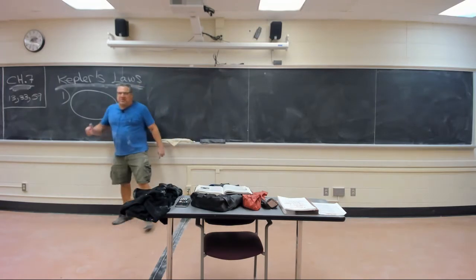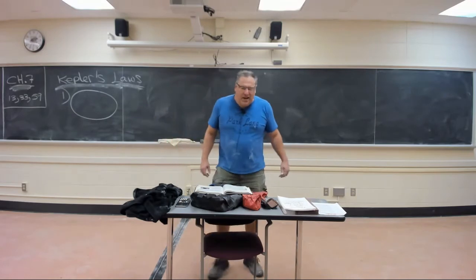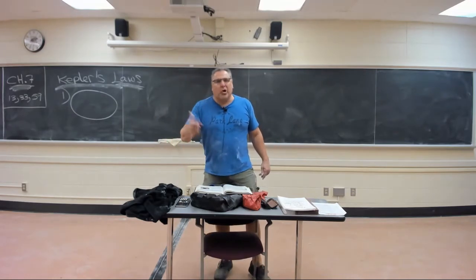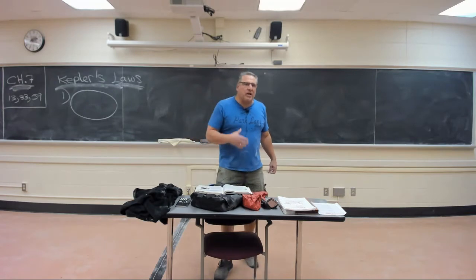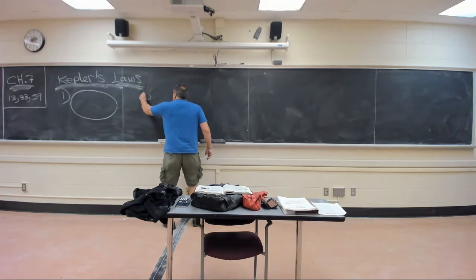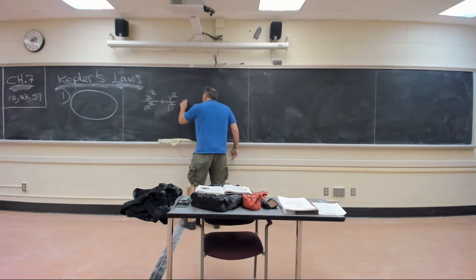For our purposes, when we're doing a lot of these problems, unless they explicitly tell us otherwise, which is almost never, at least for what we're doing right now, we're assuming circular orbits. A circle is a special kind of ellipse. The ellipse has a formula: x squared over a squared plus y squared over b squared equals 1.